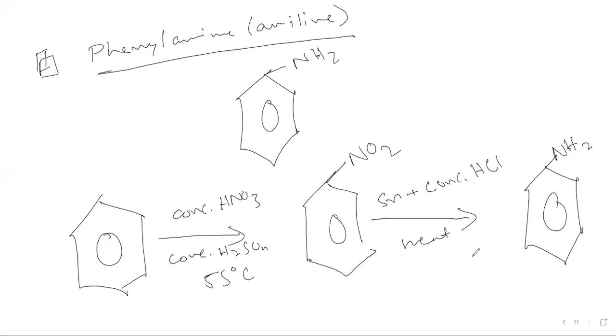That is how phenylamine is formed. They won't ask you why phenylamine is named phenylamine, why not benzenamide or something. It's just the name given, which the chemists or scientists thought was correct. Okay, now how do we identify phenylamine?